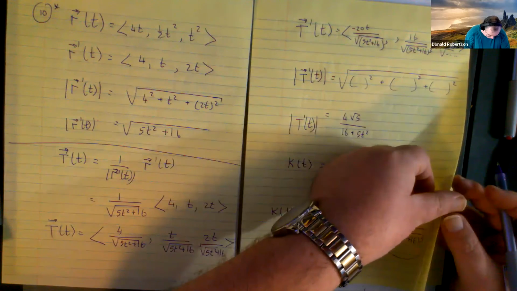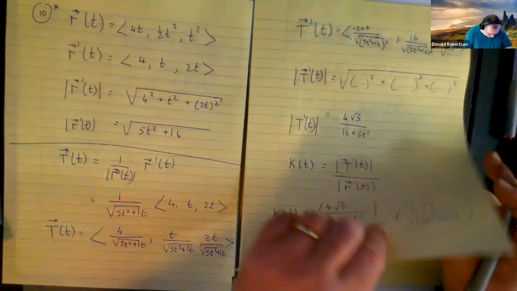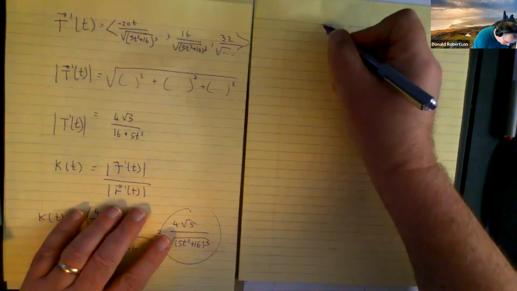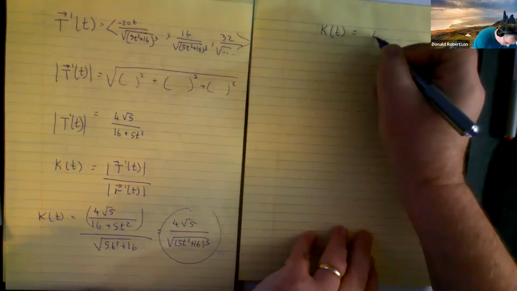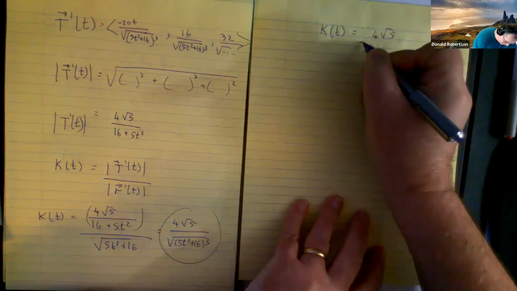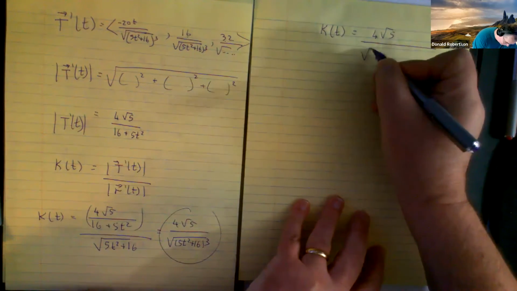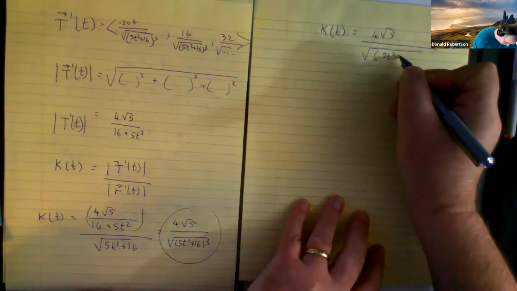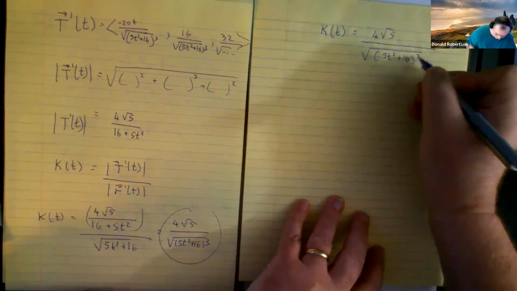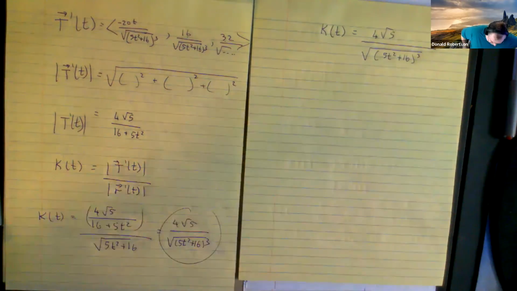So the curvature of this fella is 4 root 5 over the square root of 5t squared plus 16 cubed.